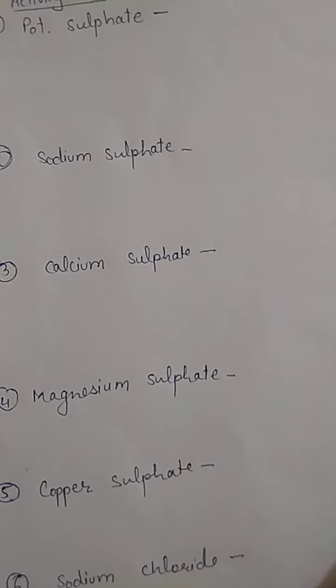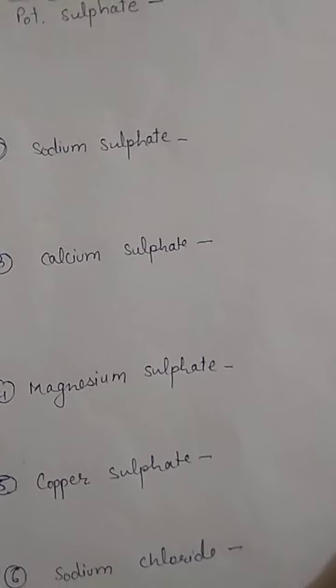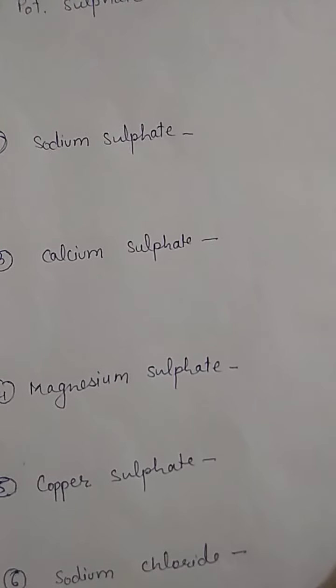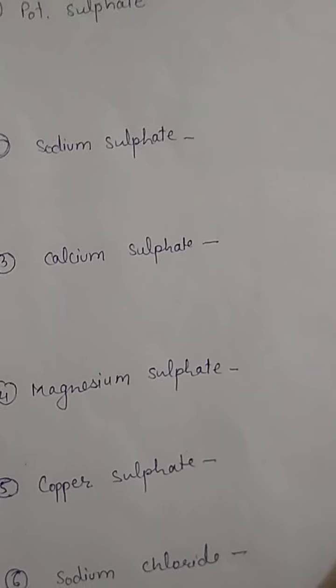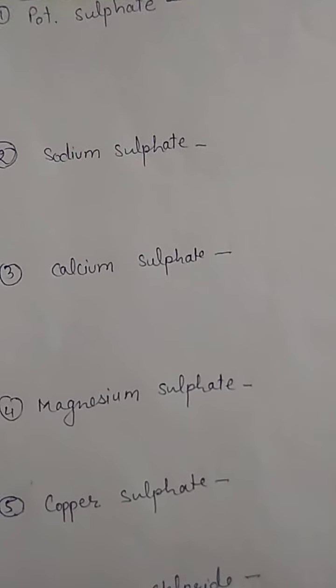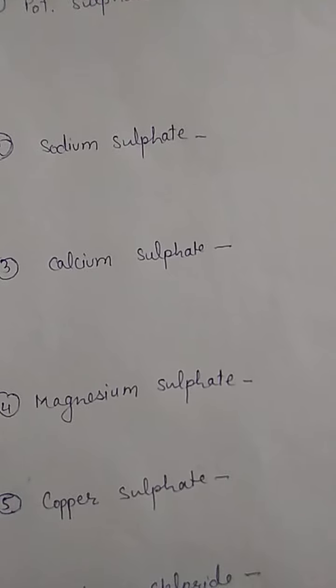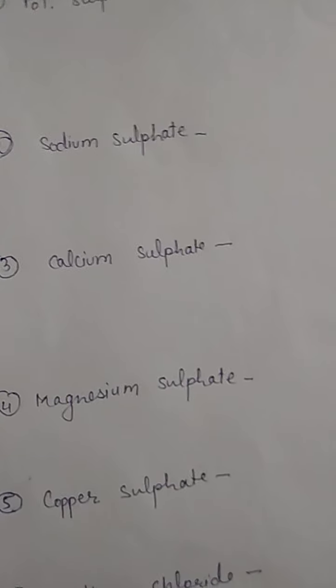After that, identify the acids and bases from which these salts may be obtained. The third point is: salts having the same positive or negative radicals are said to belong to a family.